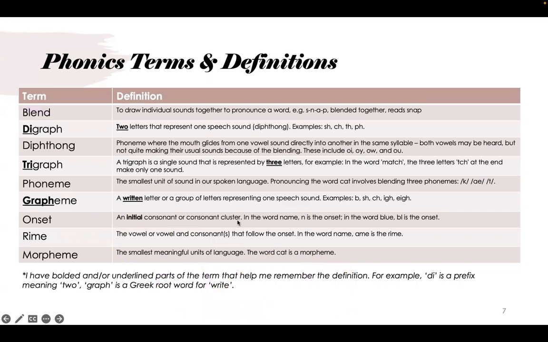Morphemes are the smallest meaningful units of language. Meaningful means they carry meaning in and of themselves. That's not the same for individual graphemes like the letter A or the letter B. They don't carry meaning in and of themselves, but there are certain units of words, clusters of letters, that do carry meaning, and those are morphemes.